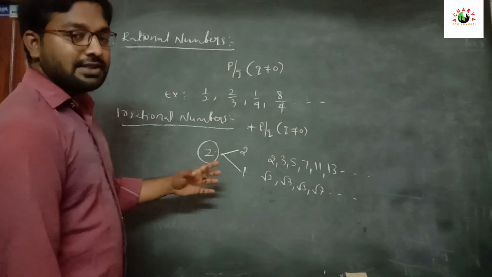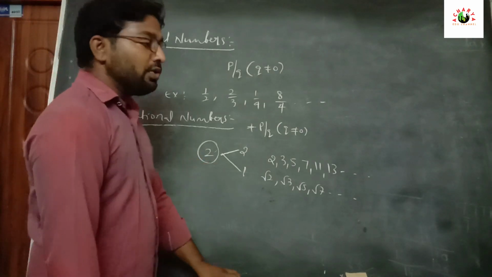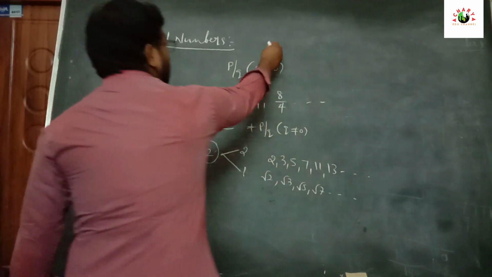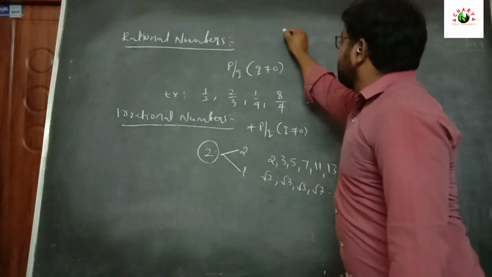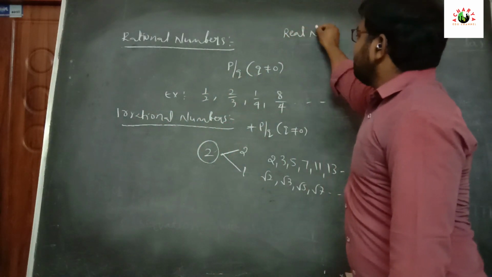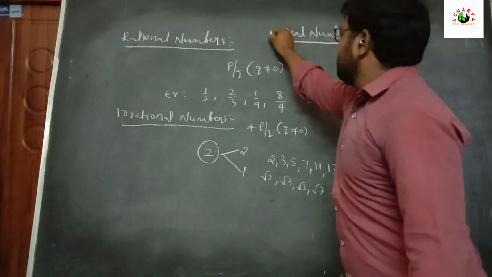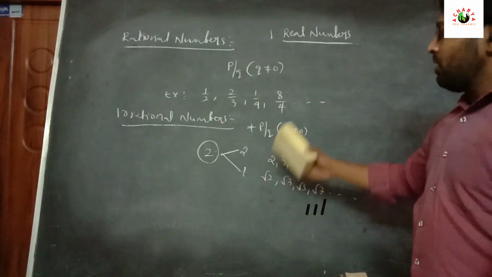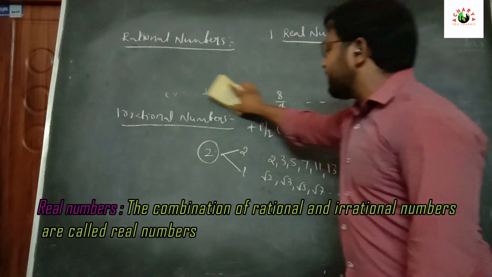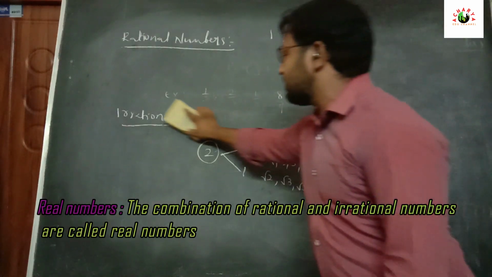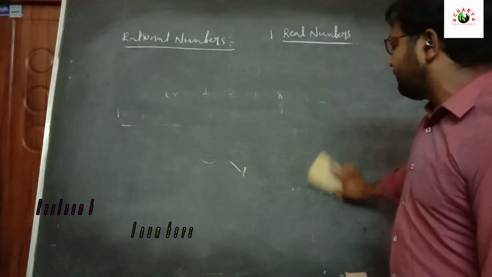Last class we discussed this. So now coming to real numbers. The combination of rational numbers and irrational numbers is called real numbers.